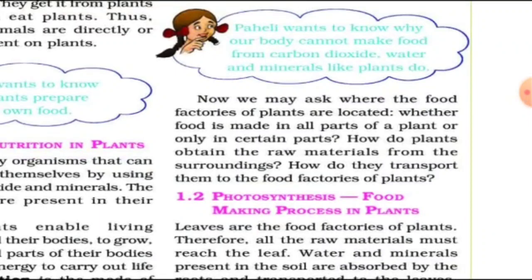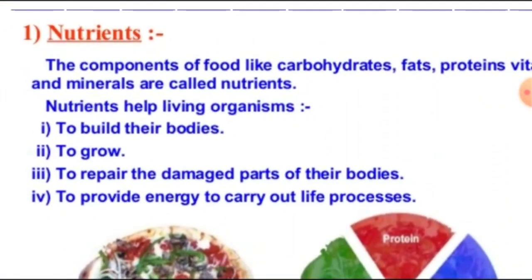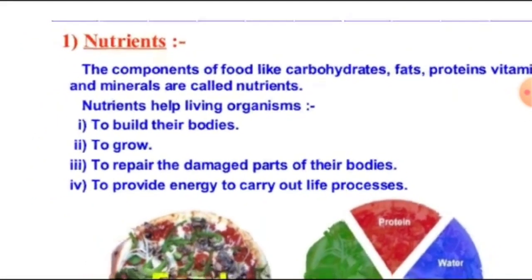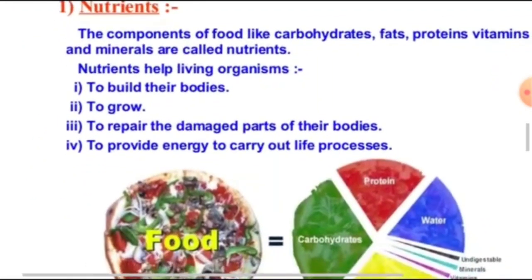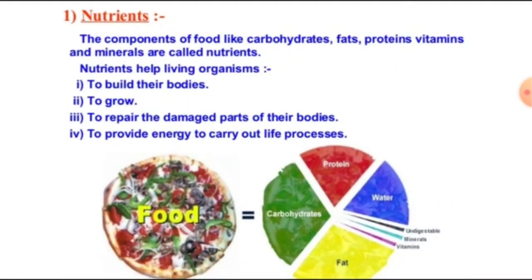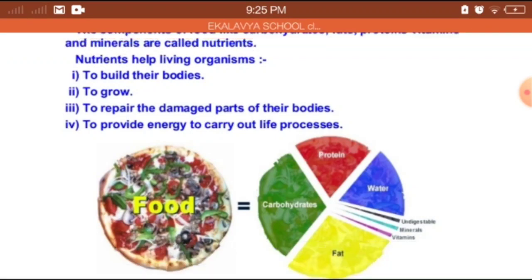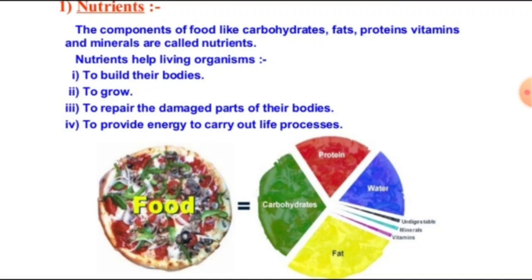Now you may ask various questions related to photosynthesis, which we will deal with in the next video. Moving on to sum up as a summary, nutrients. The components of food like carbohydrates, fats, proteins, vitamins and minerals are called nutrients. Nutrients help living organisms to build their bodies, to grow, to repair the damaged parts of the body, and to provide energy to carry out various life processes.